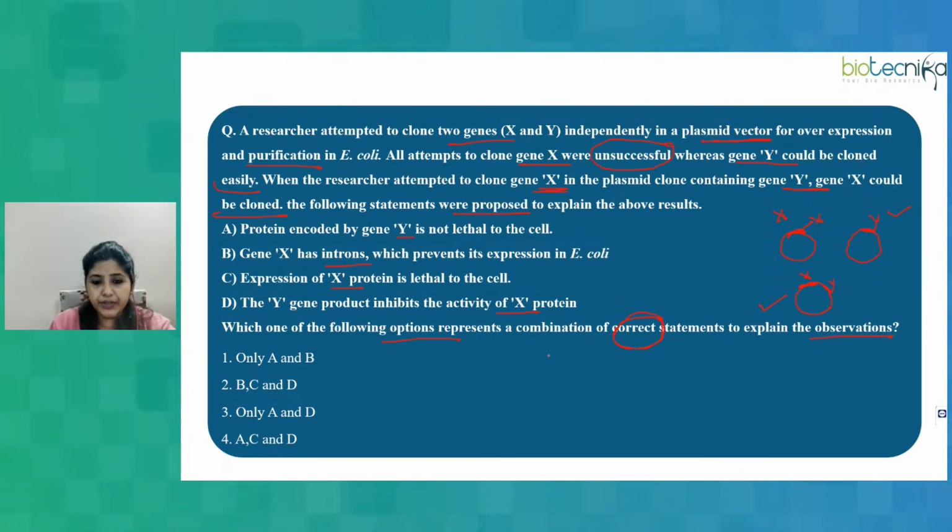So, go through this question, read it carefully, and answer it. What do you think is the answer here? Okay, Satyam, you have answered option C. Only A, option 3, okay.